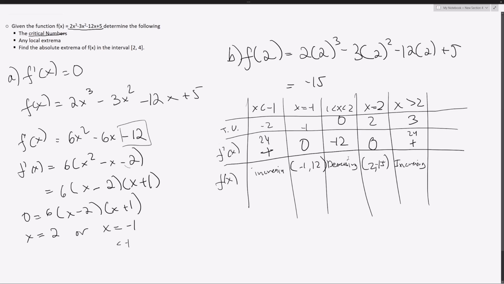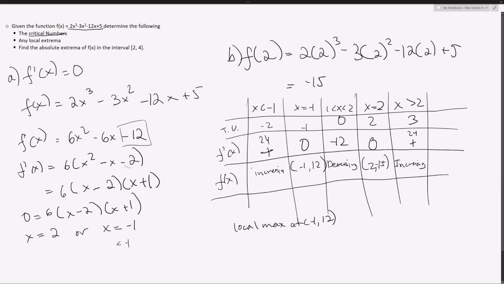So what can we form from this chart? Well, the answer is quite simple. Starting from f prime of x, you could already have figured out which one was the local max and which one was the local min. Over here, we were going from a plus to a negative, which would make that a local max at -112.